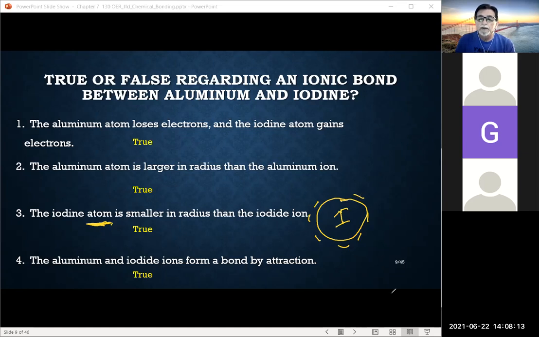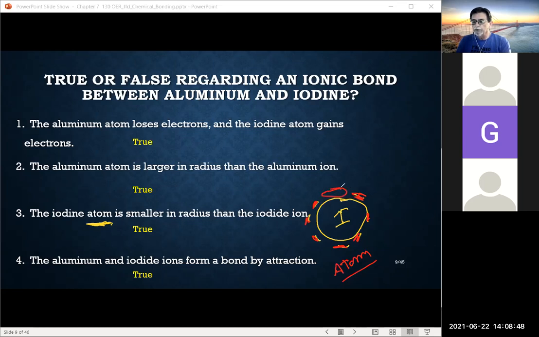Maybe I should have drawn it with red. That's 1, and that's 2, 3. Obviously not to scale. So we have 7 valence electrons on the outermost shell. It's in group 7, and this is the atom, the element. Now, it's a nonmetal, so it has a tendency to gain an electron. Why? Because it's got an empty spot here.